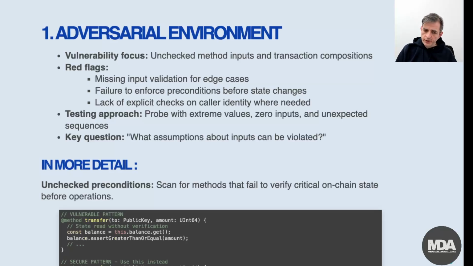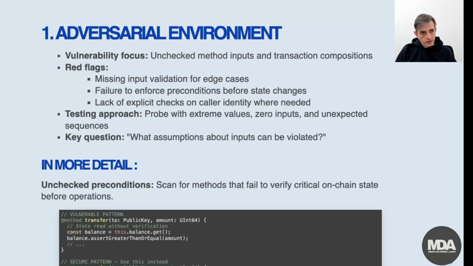Now, if you're looking at some code and you're thinking about vulnerabilities that may exist, some of the red flags that you may see are, say, missing validation for edge cases, or failure to enforce preconditions before we have a state change, or lacking an explicit check on the caller identity where that is important. So how can we see if these are indeed vulnerabilities?